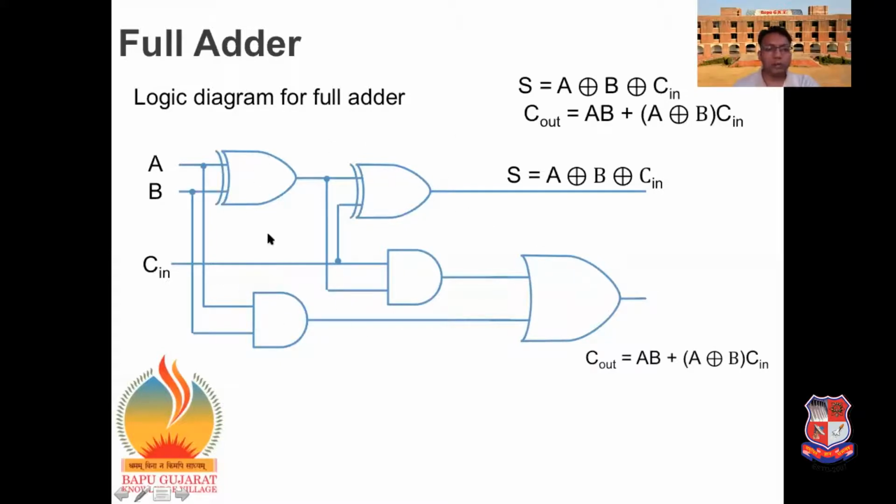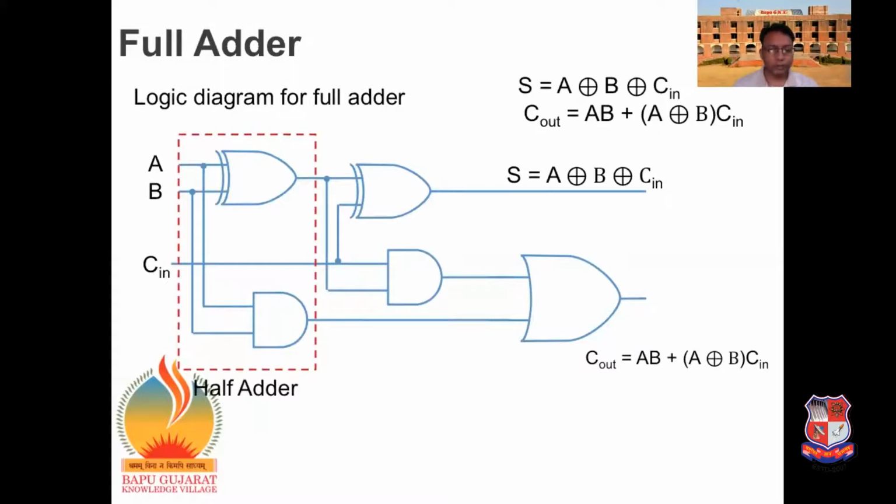By looking at this diagram we can see that by combining two half adders, we can get the full adder. This is the first half adder and this one is the second half adder. By using these two half adders, we can construct one full adder. So the full adder is a 3-bit addition. This is all about the full adder.